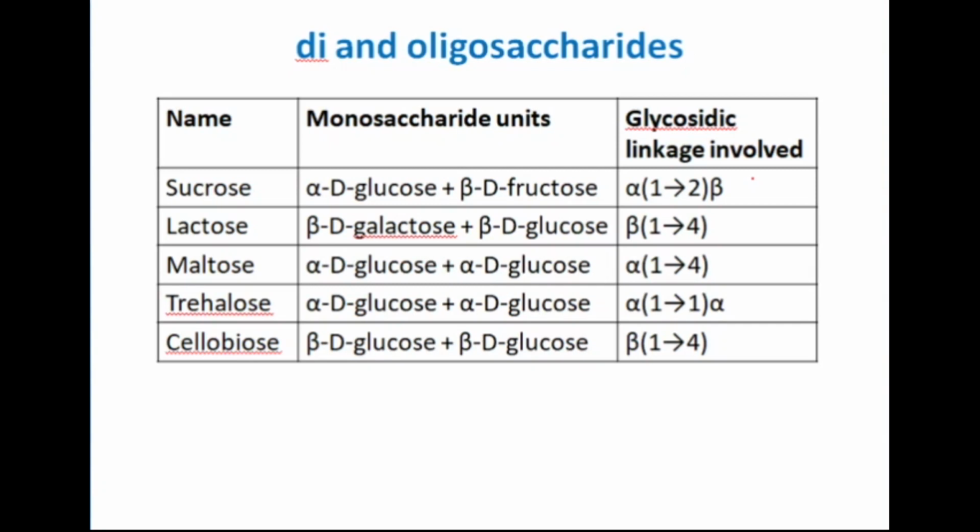Here I have given one table for your reference, and on the left hand side you will find the names: sucrose, lactose, maltose, trehalose, cellulose, etc. On the right hand side you can see the glycosidic linkage present in such molecules.